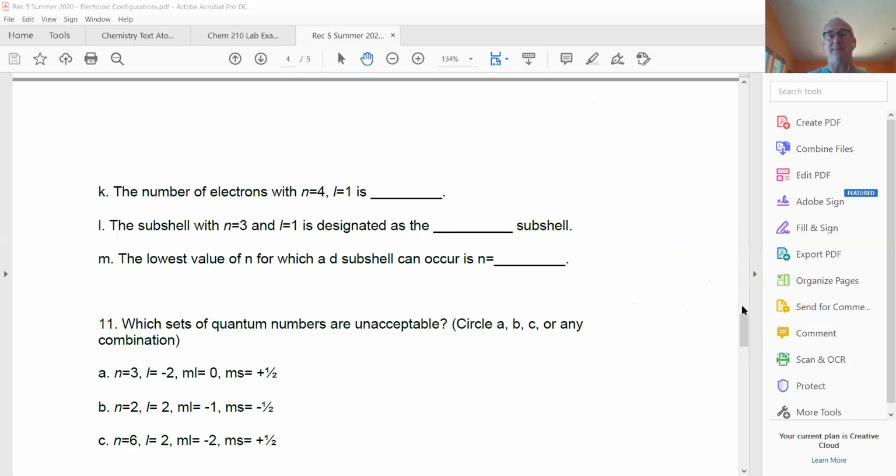If it said name the examples and give the electron configuration, but it doesn't say that. Okay, thank you. For something like a half-filled subshell, what I'd be looking for is something with P3, because I know it's half-filled since it should be 6, or a D5, because it's half-filled since it should be 10. So I would look for one of those in the periodic table.